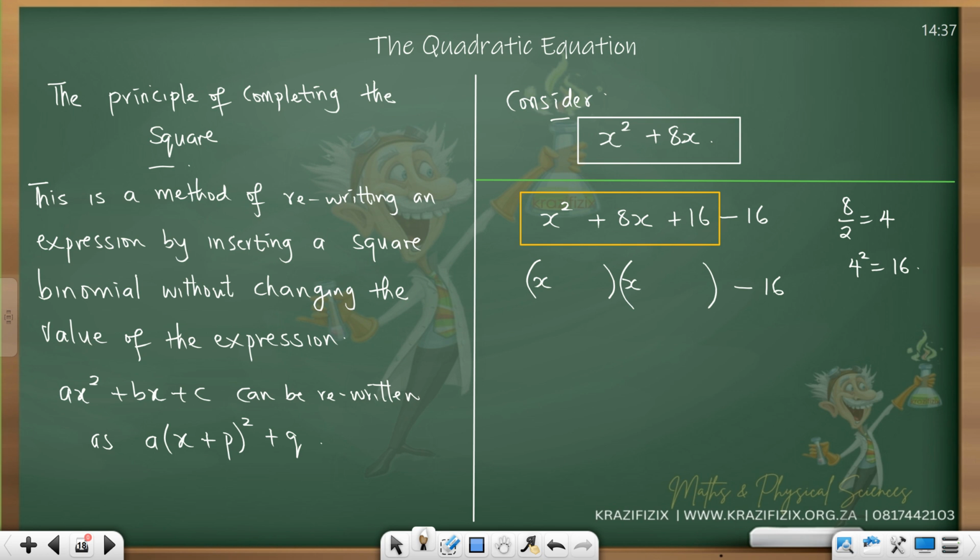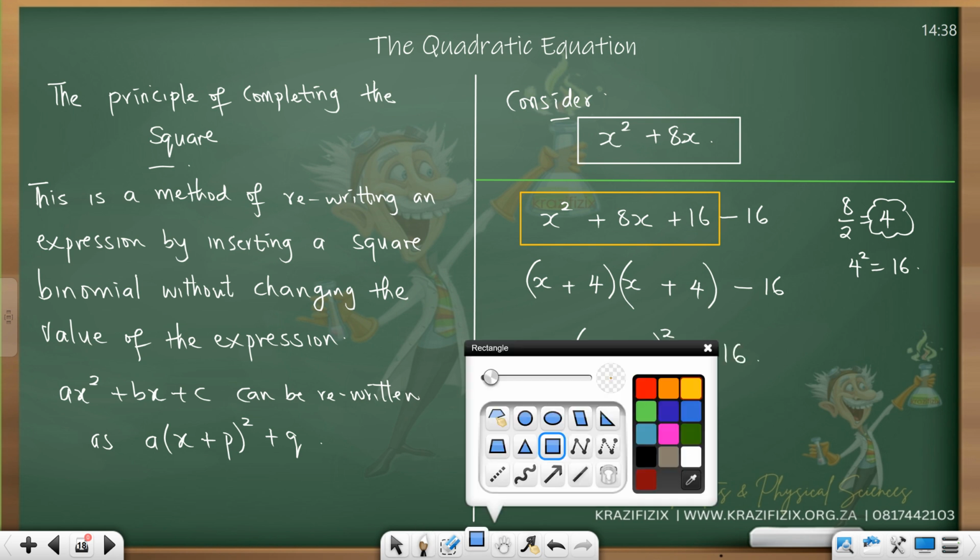Let's factorize. What two numbers would give me 16? 4 and 4. Do you notice the 4? That is this 4. But I want a positive 8, so, what do you notice? x plus 4, x plus 4. It can actually be written as x plus 4 squared minus 16.